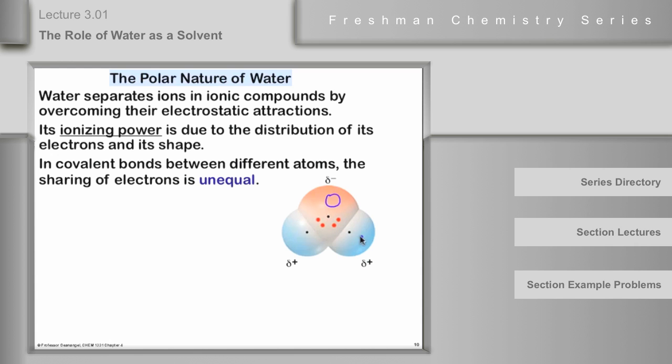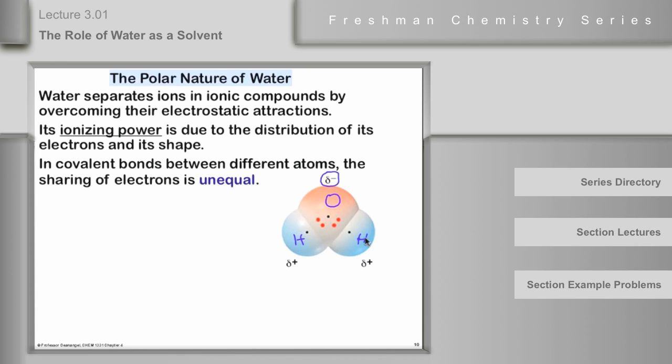So in a water molecule, this is a space-filling depiction of the water molecule, and the black spots are the nuclei, and the orange spots are the electrons. The electrons spend more time closer to the oxygen atom, and since electrons are negative, that induces a partial negative charge, somewhere between 0 and 1 electron charge on the oxygen end of the water molecule, which is indicated by the orange coloring here.